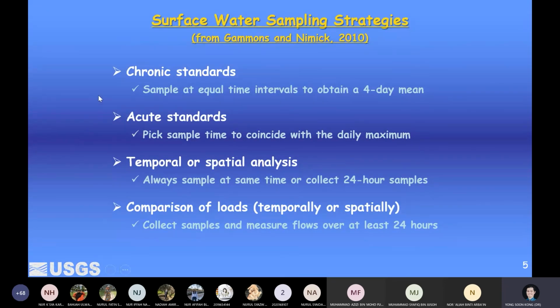Okay. So this slide is actually taken from USGS, the United States Geological Survey. This department in the United States monitors the water quality and also soil quality, from underground water, and also the contamination, because this unit deals specifically with mining activities.